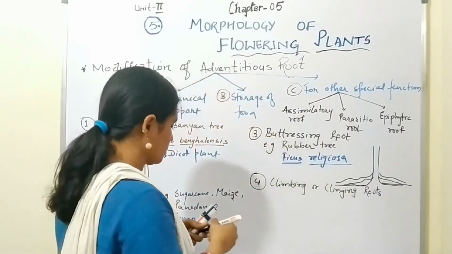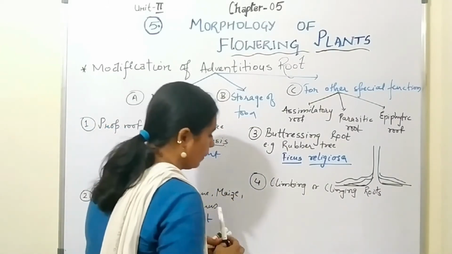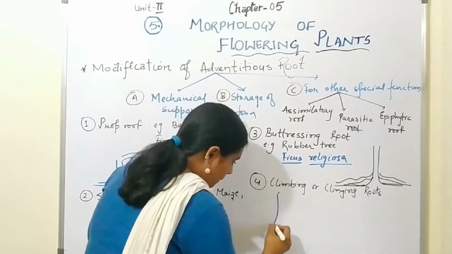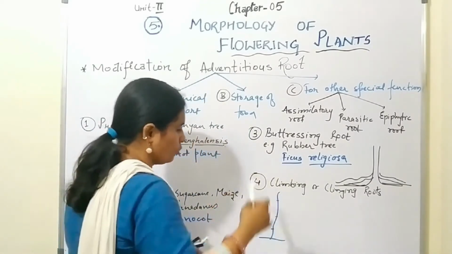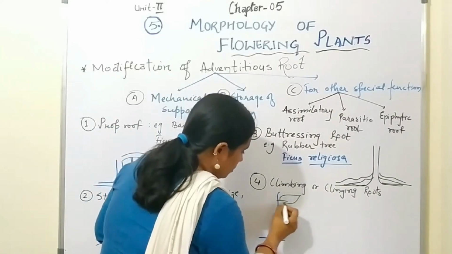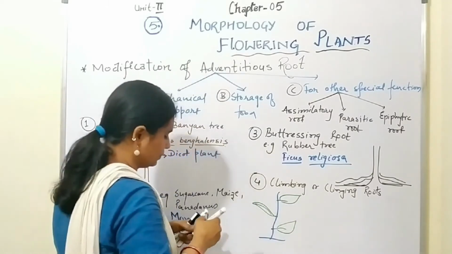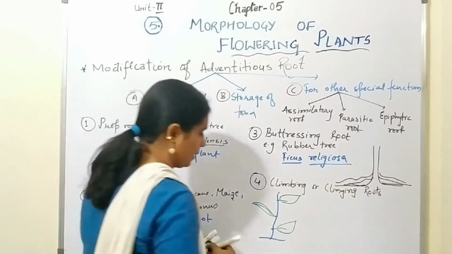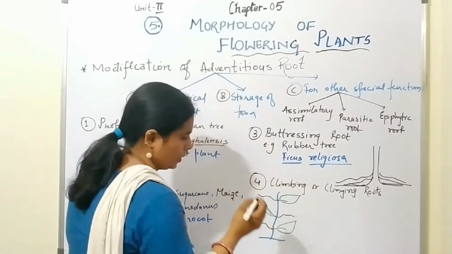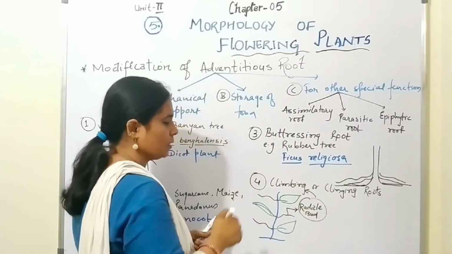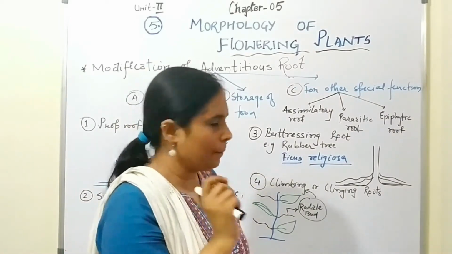So in that case, the plant, this is the stem, these are the nodes. From the nodes, you will see leaves, and to support this weak stem, roots are coming out from the nodes of the stem. So this is the climbing root which you find in weak stem plants.